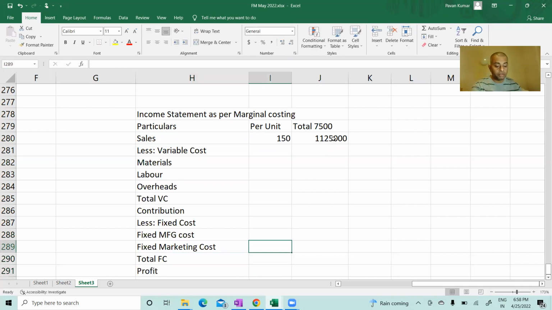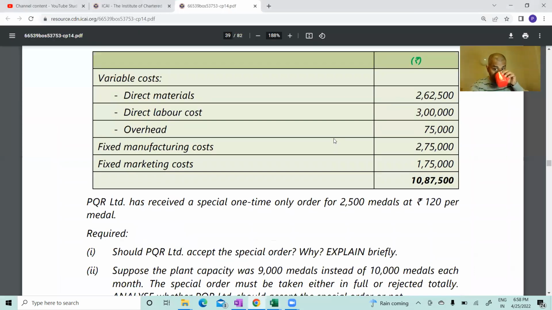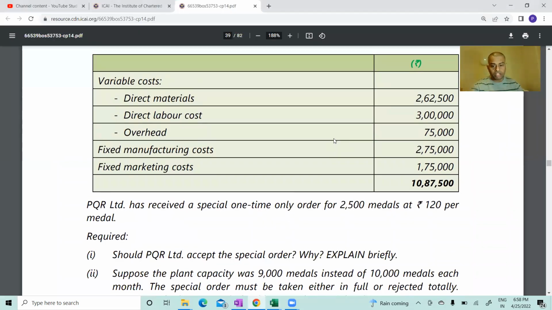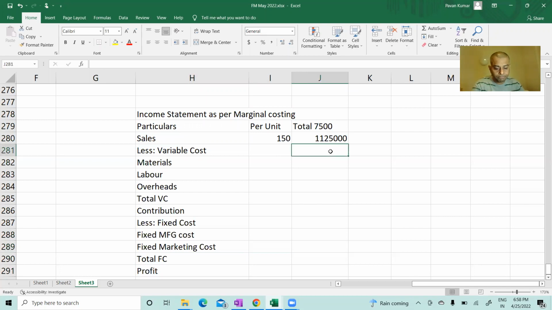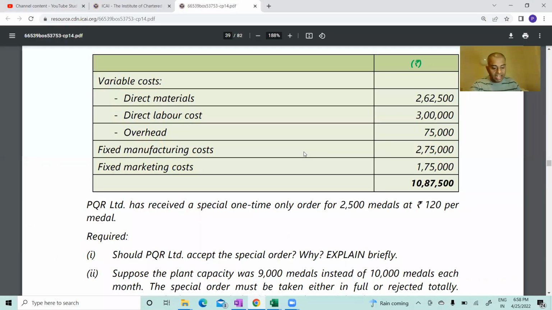So fill the numbers. Variable cost how much? 2,62,500. So per unit how much? This divided by 7,500. Okay, this is materials. What about labor? 3 lakhs.